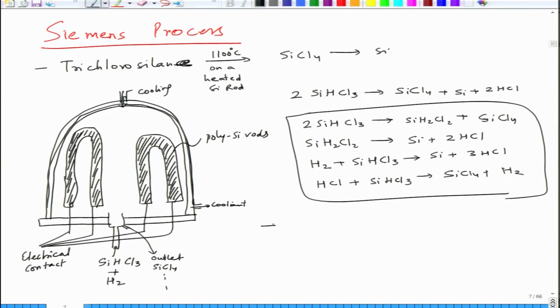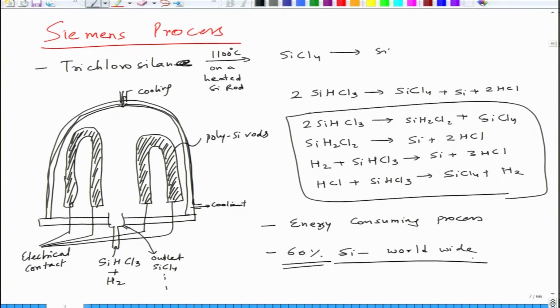This is a very, very energy consuming process. It's a slow process, it's an energy consuming process. And this is what is used for making silicon in the industry. Over 60% of silicon is made worldwide using this process.